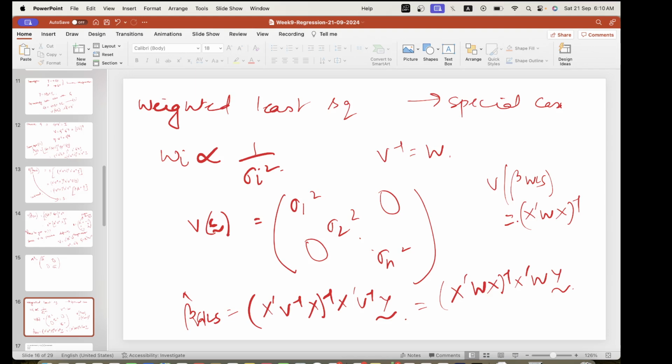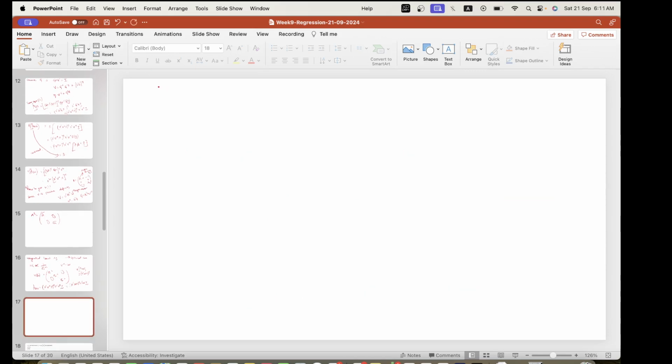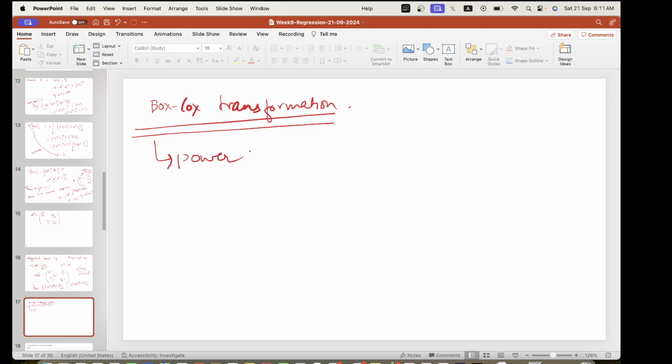Apart from this, we also learnt some other sorts of transformation, which is the Box-Cox transformation. Now this is actually a power transformation.